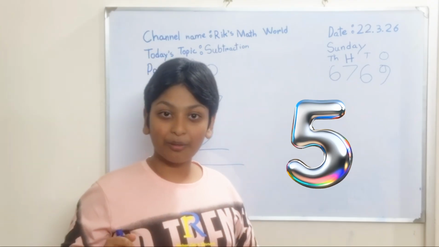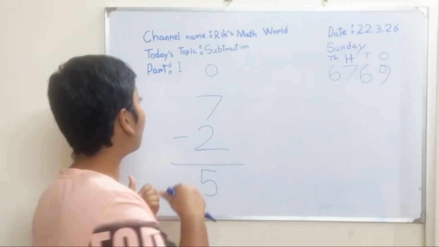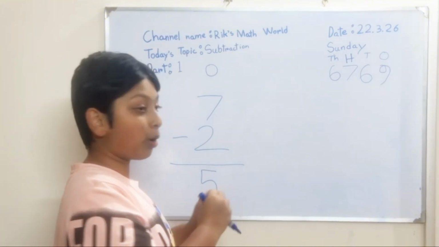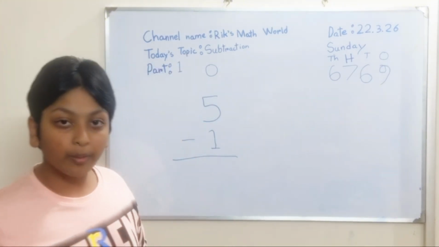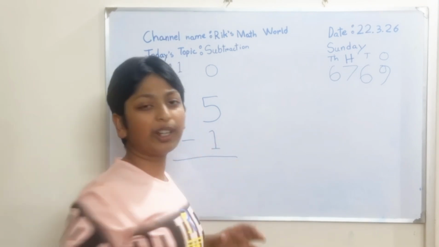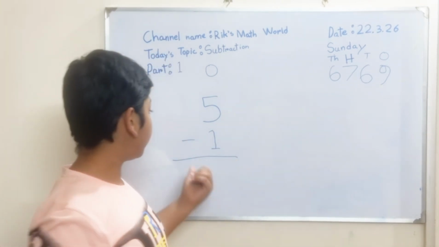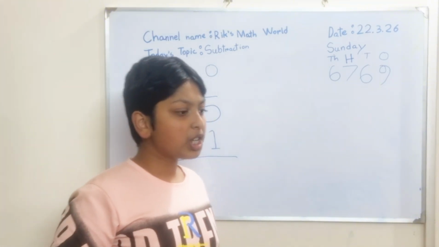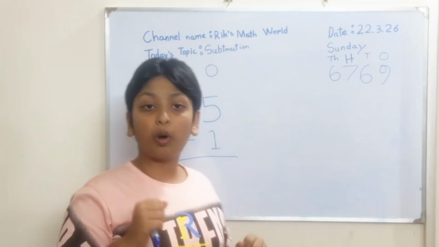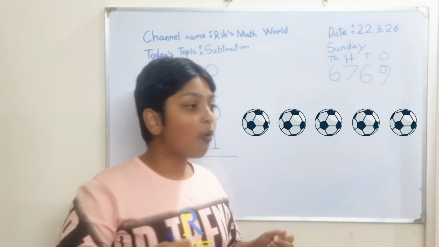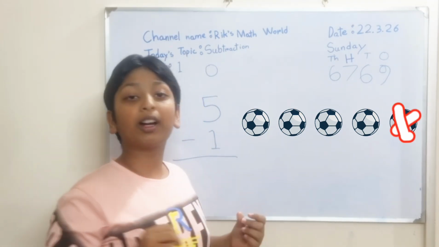Did you understand, friends? I am going to give one more example for this 1-digit math problem. Okay, friends. Now see. The first number we can see is 5, and the second number is 1. Think that you have 5 footballs and you want to give 1 football to your cousin.